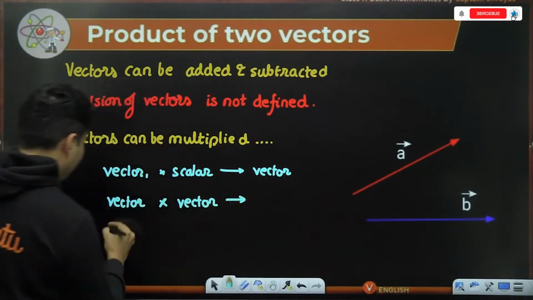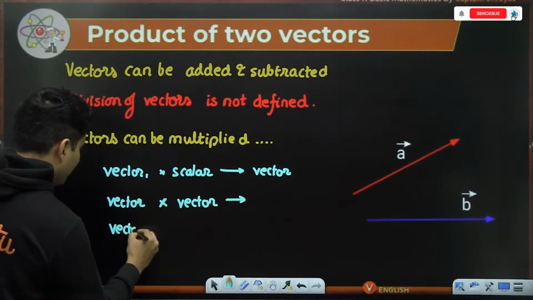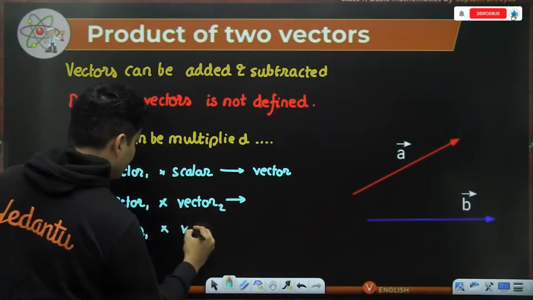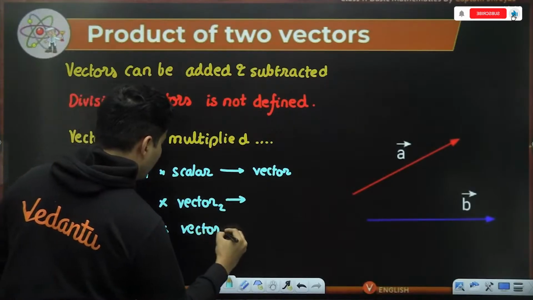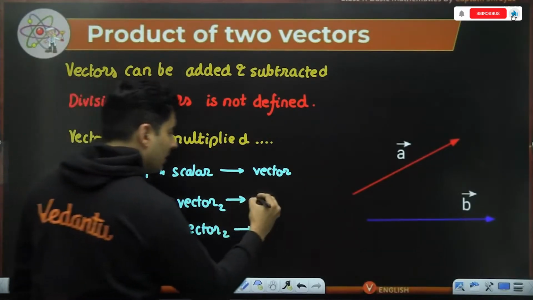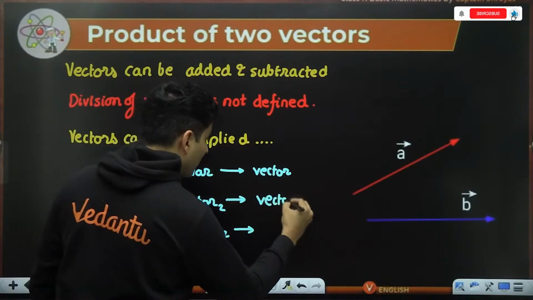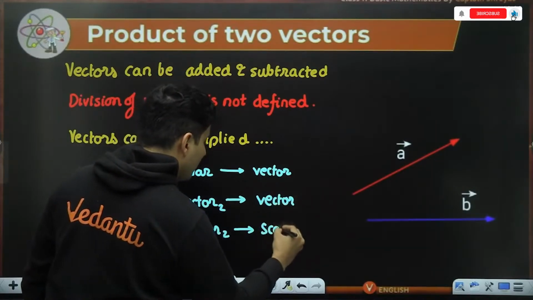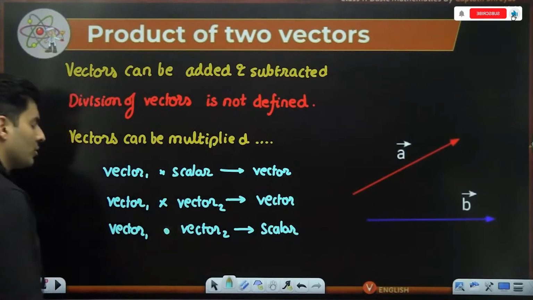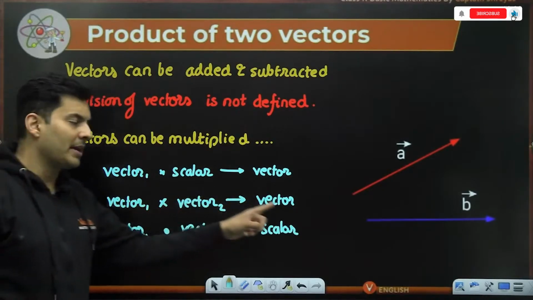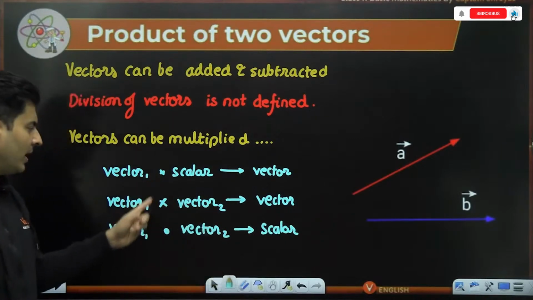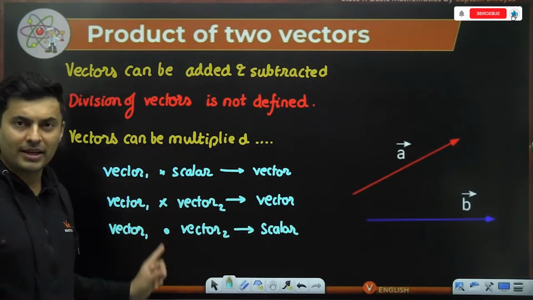This is vector 1, this is vector 2. The output can be a vector quantity or it can be a scalar quantity, depending on the symbol being used over here.